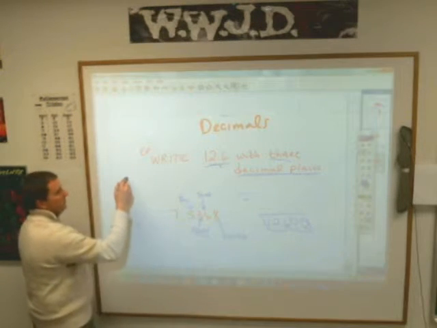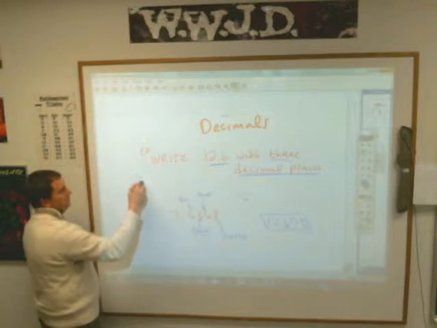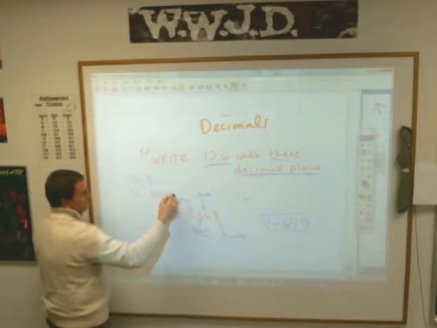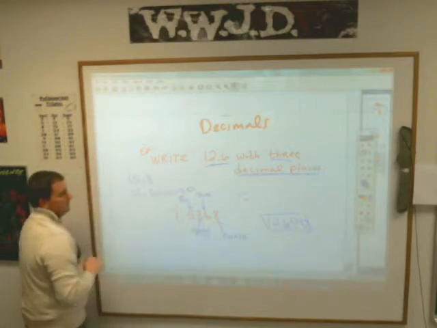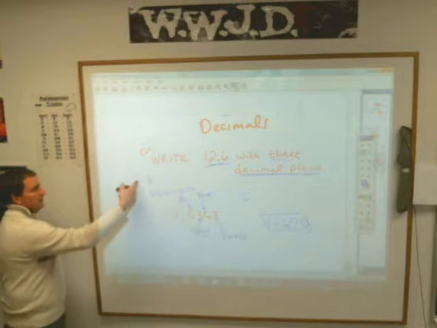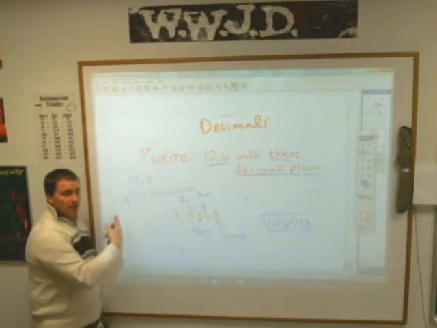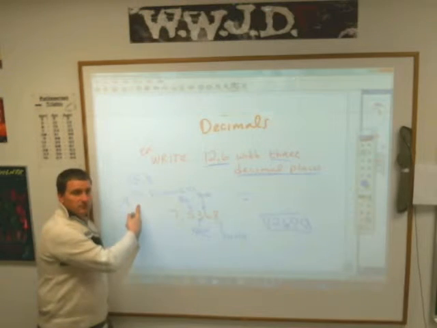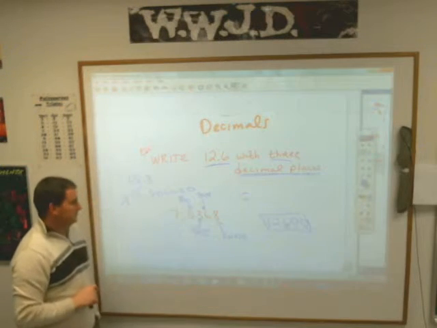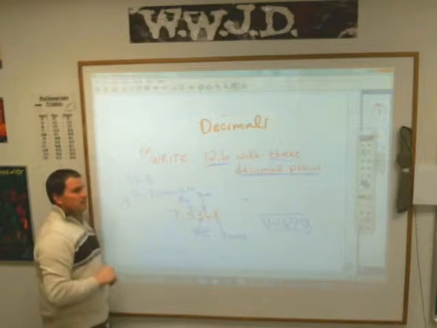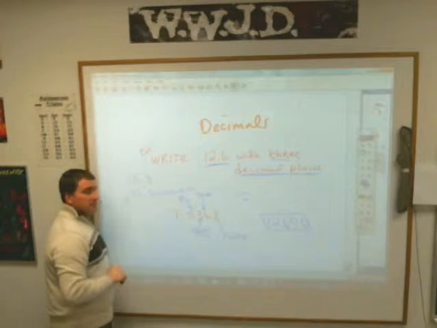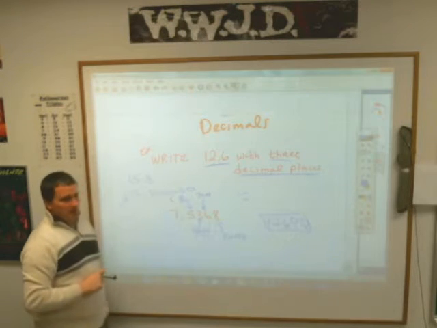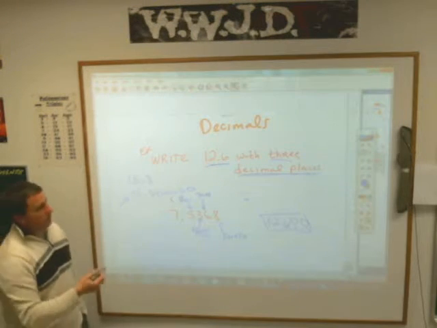You don't want to be doing this here, 15.8, and then writing your answer like this. Because 15 and 8/10 is pretty easy to say. How do you say this one here? Well, it is 15 and 800,000 millionths, and nobody wants to go there.